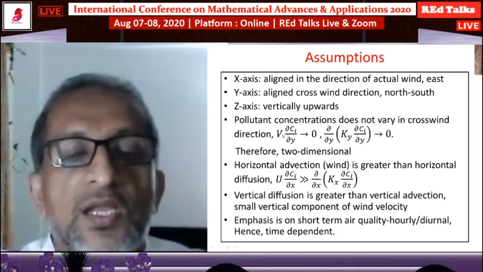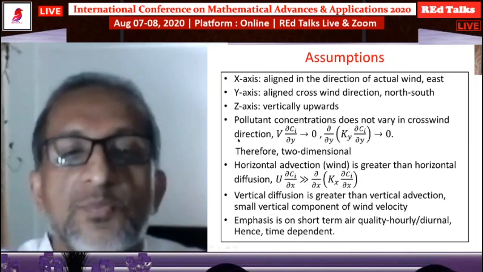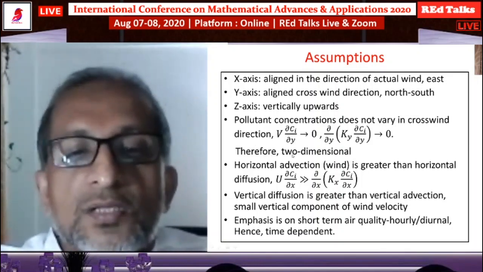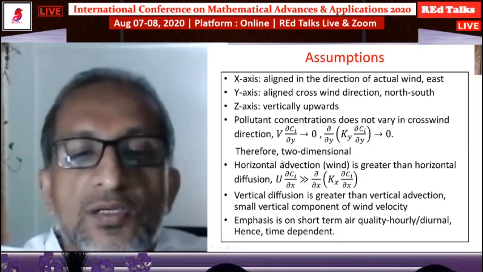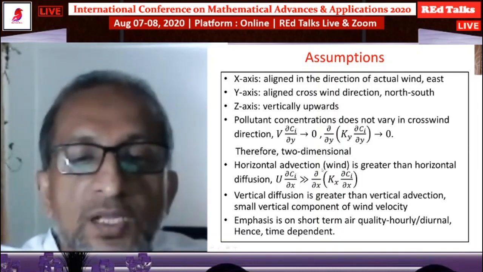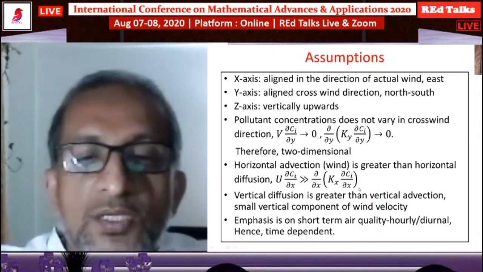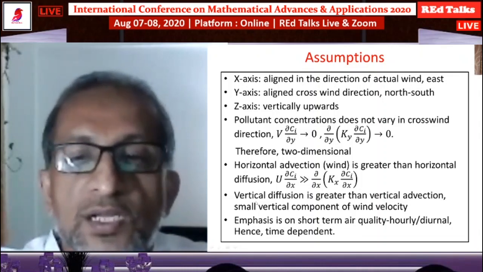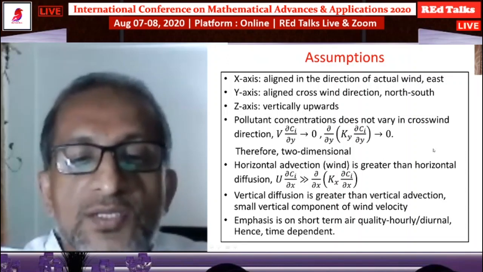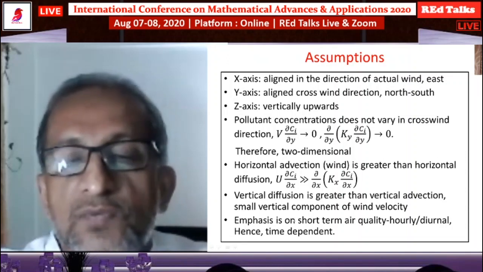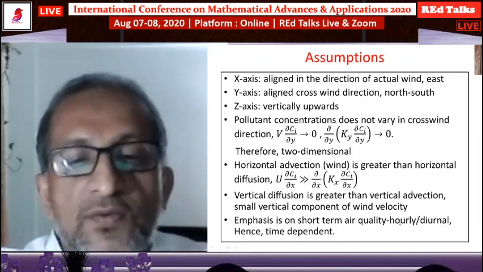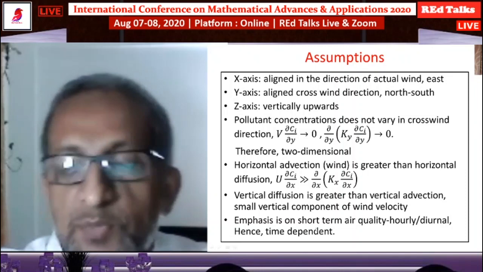Therefore, we can consider it as purely two-dimensional. Horizontal advection is greater than horizontal diffusion, so this can be neglected. The vertical diffusion is greater than the vertical advection, and we are considering short-term air quality, that is hourly or daily, therefore we consider it as time dependent.